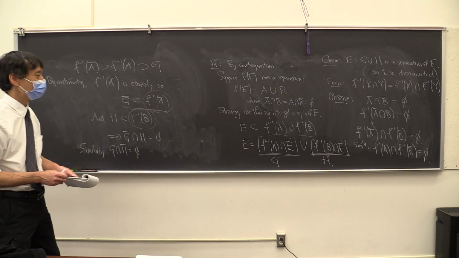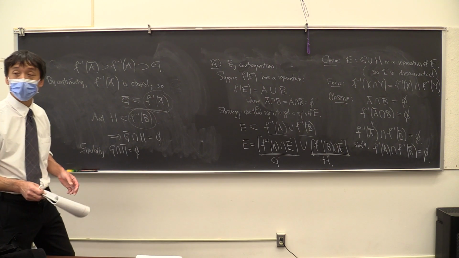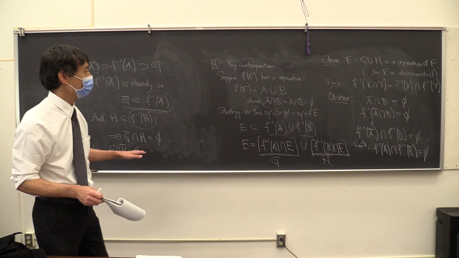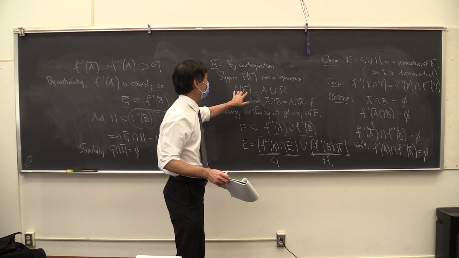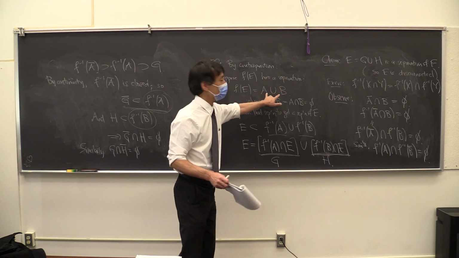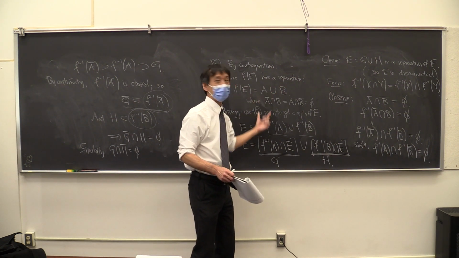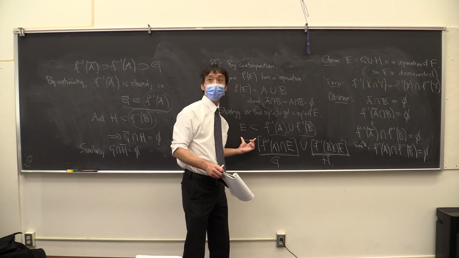Okay, let's get back to it. Let me just say one thing. The idea is simply that if the image has a separation, you pull those sets backwards, and that basically gives you a separation of the original.